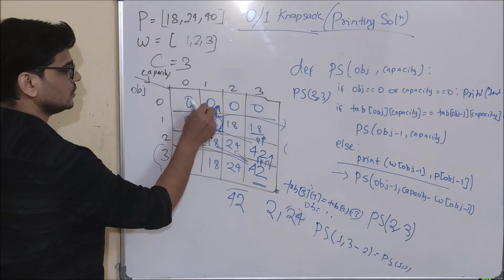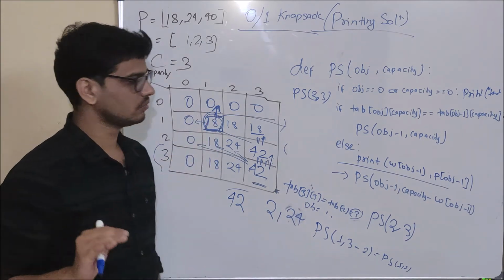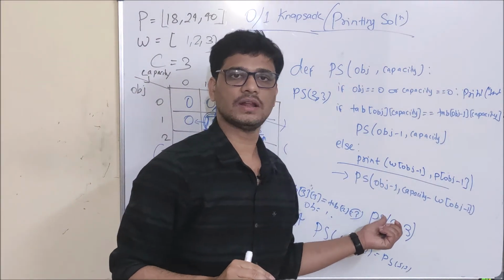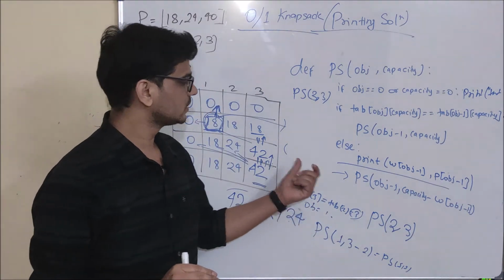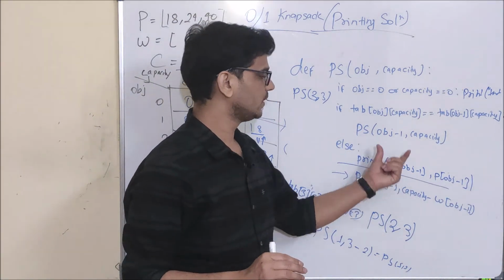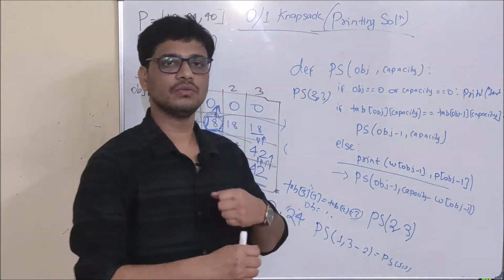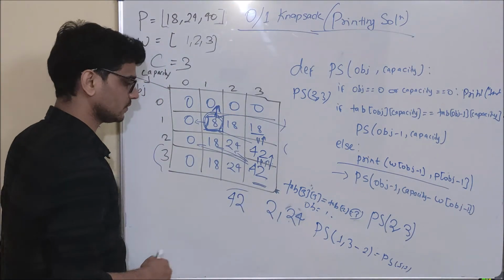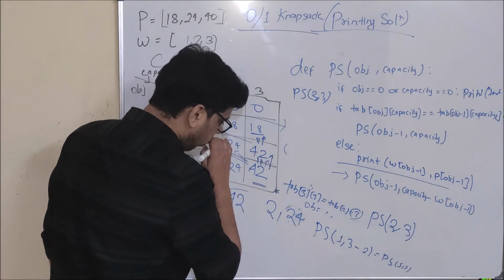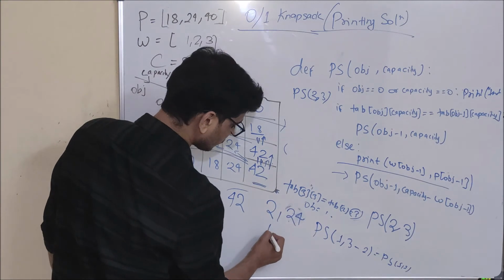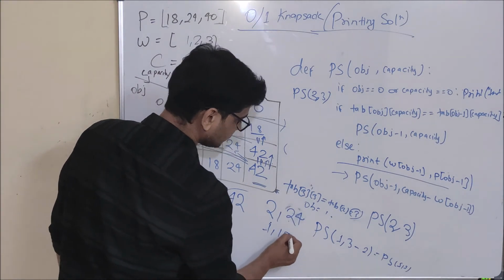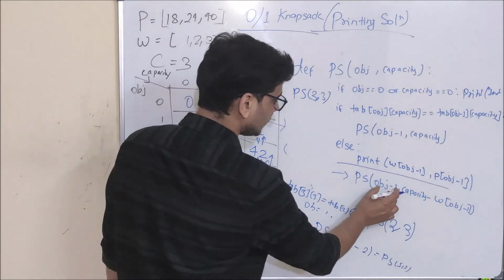As you can see here, this is 18 and this is 0. So the values are not equal. So we will come into this particular else block. In the else block, we will print these particular things as we are considering this particular object. So we will print 1 comma 18, and after that, what is going to happen?